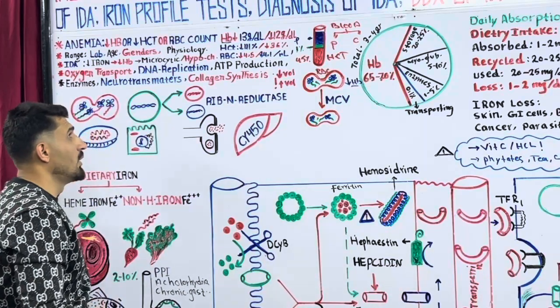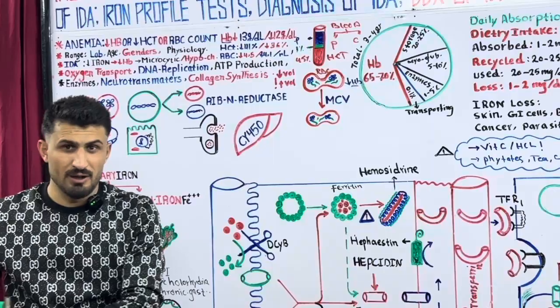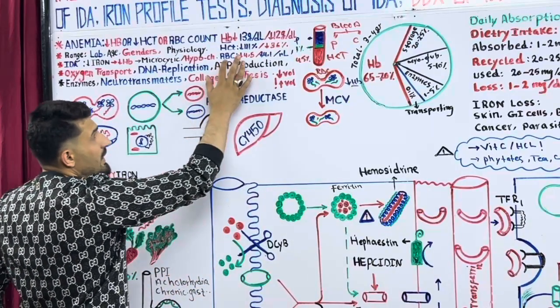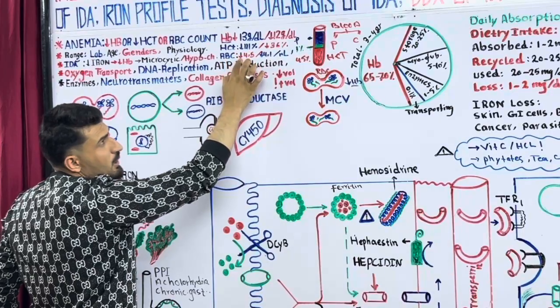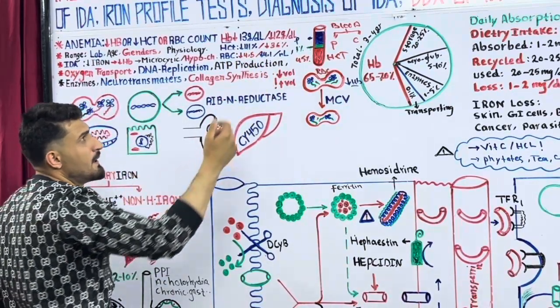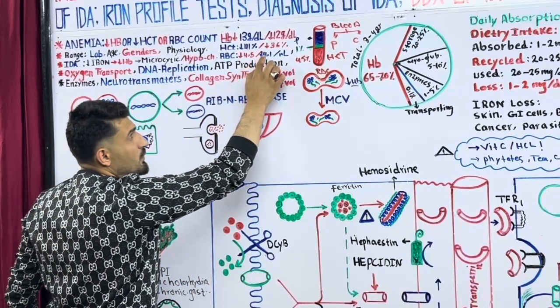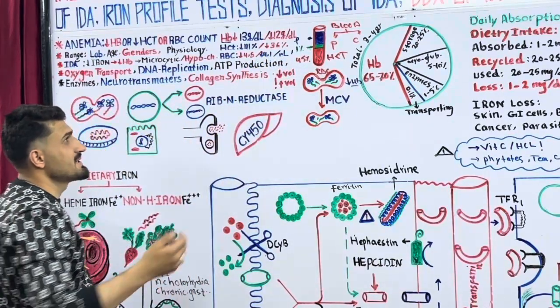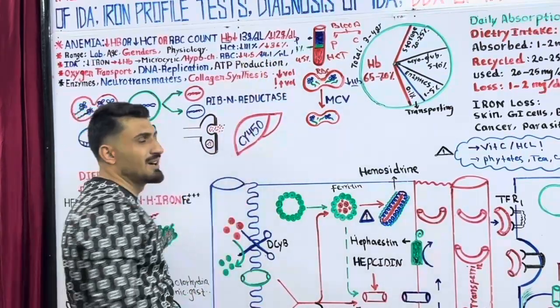Okay, or when RBC count drops below the normal, for example, below 4.5 million per microliter in males or below 4.1 million per microliter in females, this is also called anemia.